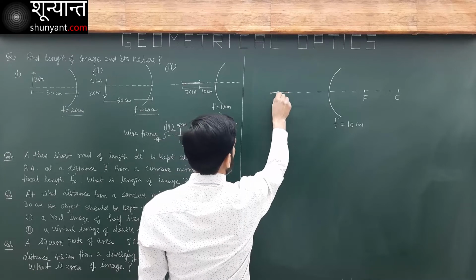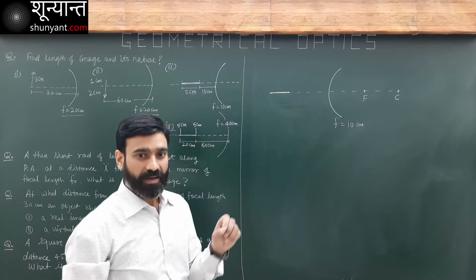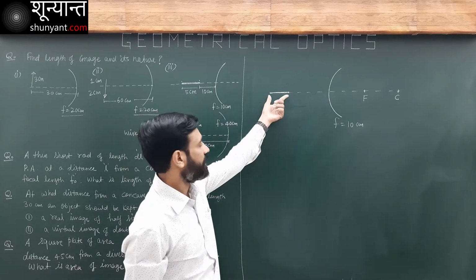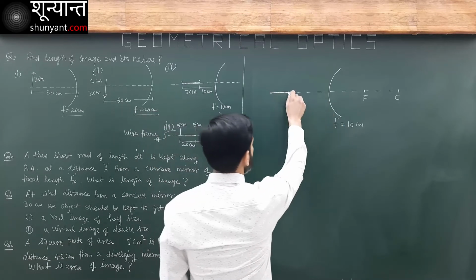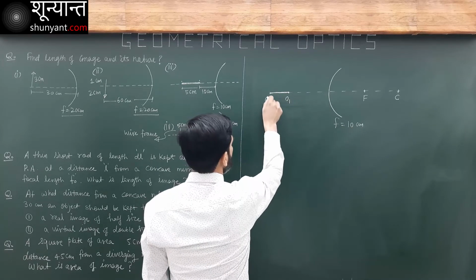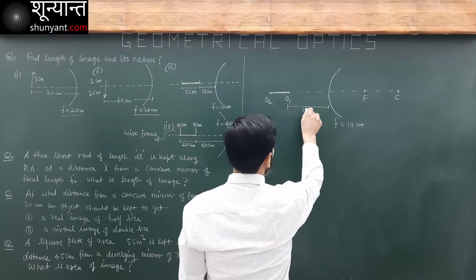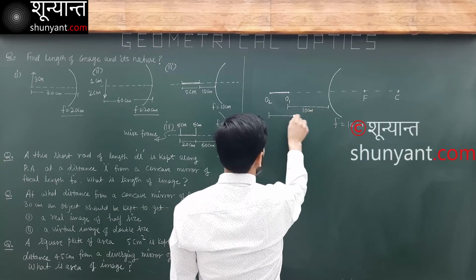What we do is we find the image of both ends, both extremes. Let's say one end is O1 and the other end is O2. What will be the distances of these ends from the mirror? 10 centimeter here, and this is going to be 15 centimeter.